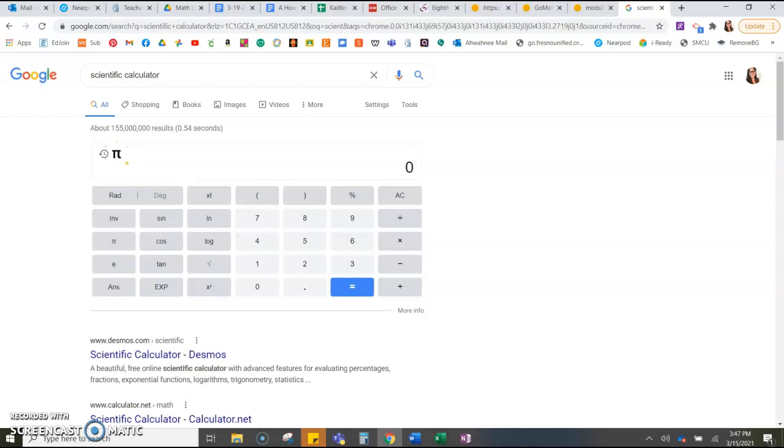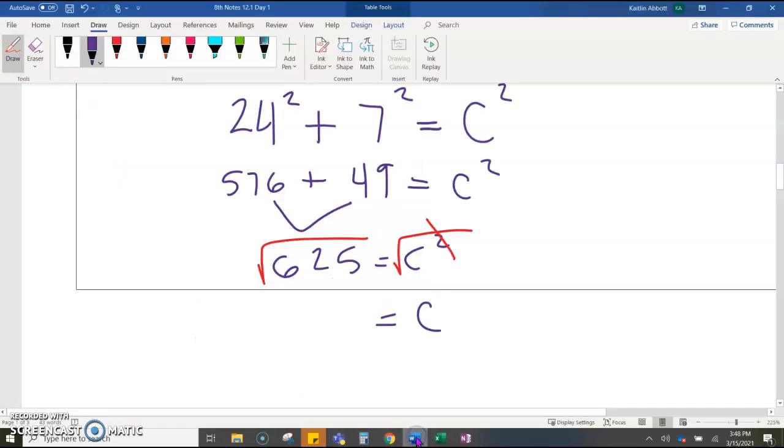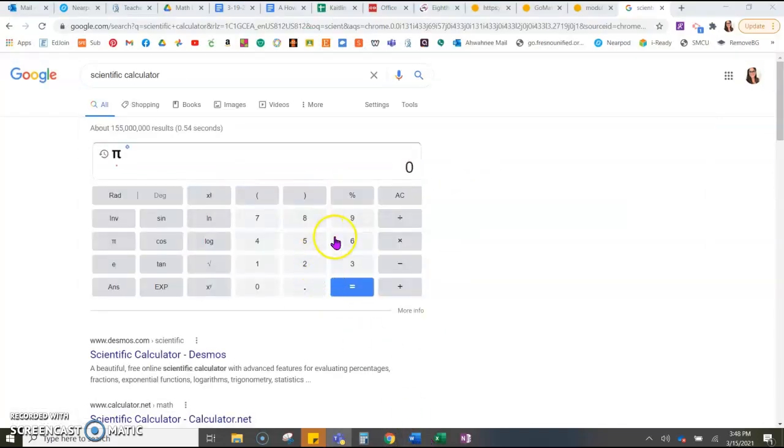You guys have a scientific calculator as a little tab on Teams. So you guys can click that and have a scientific calculator on Teams through Desmos. This is just on Google. Type in scientific calculator, and we are going to type in 625.